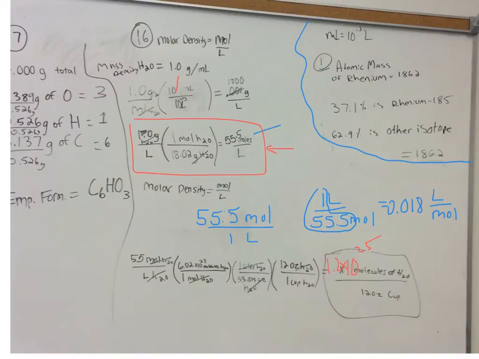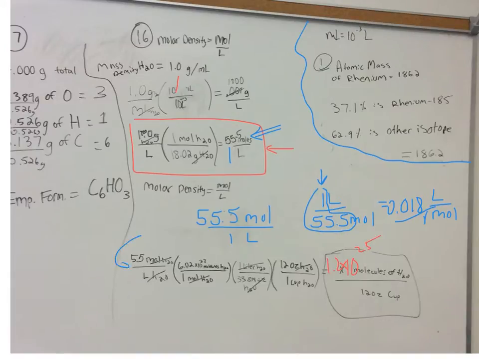There's 55.5 moles in 1 liter, and there's 0.018 liters in 1 mole. So you can always take an equivalence ratio and flip it upside down and divide the number and figure out what the reverse thought process would be.